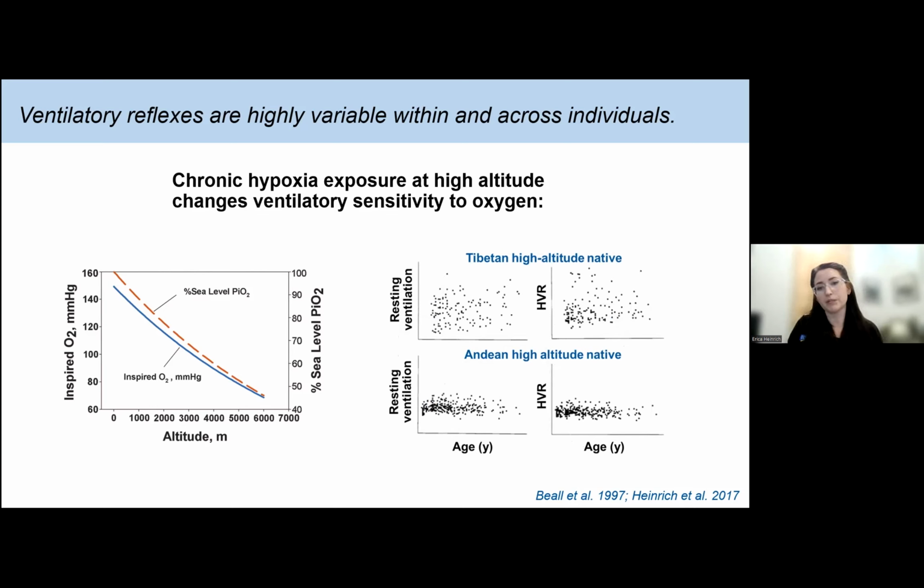People who are native to the Tibetan Plateau tend to maintain much higher resting ventilation and higher hypoxic chemosensitivity, or their breathing reflex to oxygen. You can see in the Andean group, they have a lower mean HVR and resting ventilation, and they have none of these high responders. So again, this is a very plastic reflex that changes with environmental exposure, genetic predispositions, and across populations.